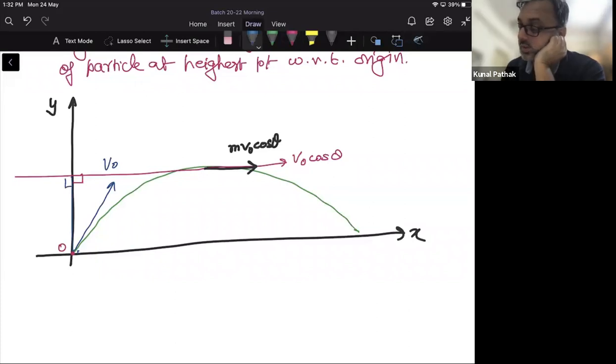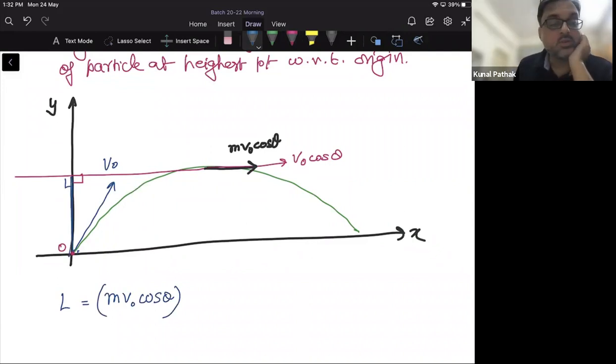So angular momentum will be equal to linear momentum multiplied by this perpendicular distance, which is nothing but the maximum height of the projectile.